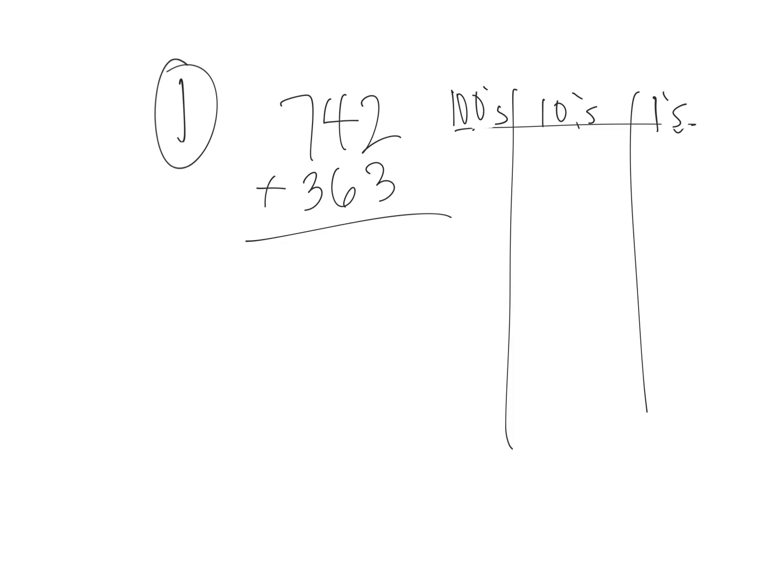Alright, so we're first going to start with 742. So for 742, how many hundreds do I need to draw? Yes, 7. I'll draw 7 hundreds. Okay, next, how many tens do I need to draw?